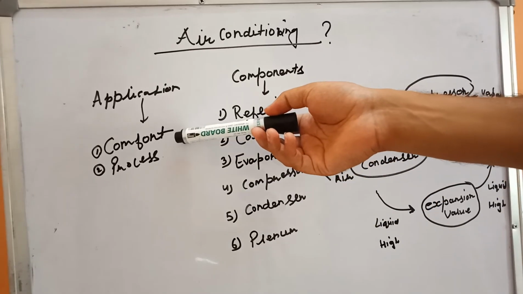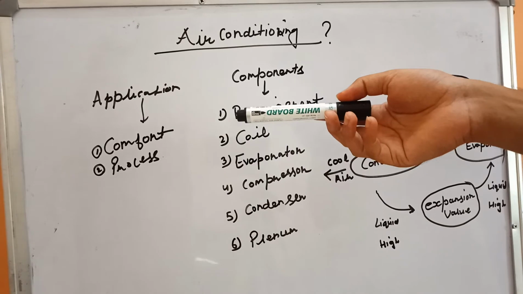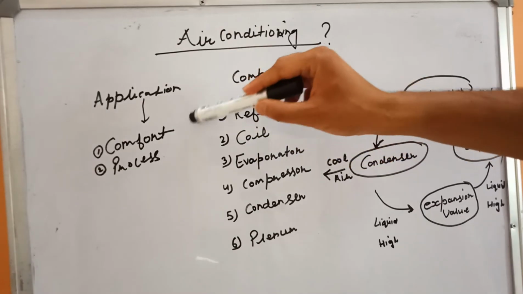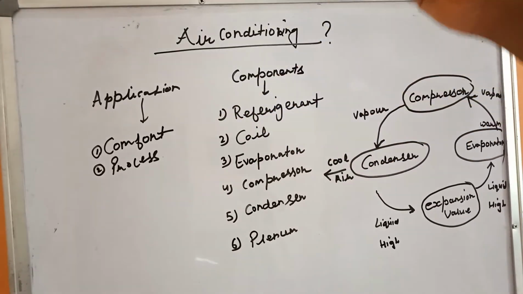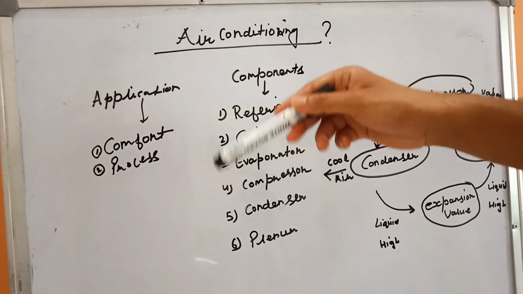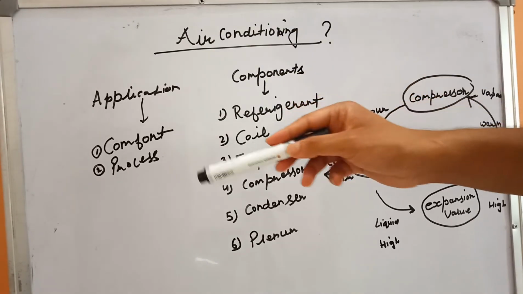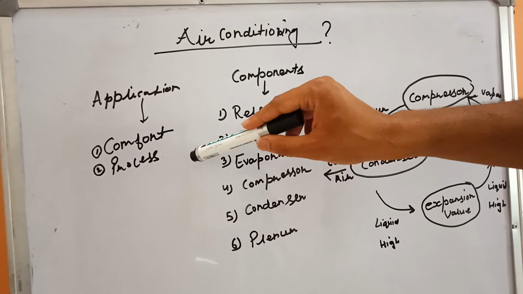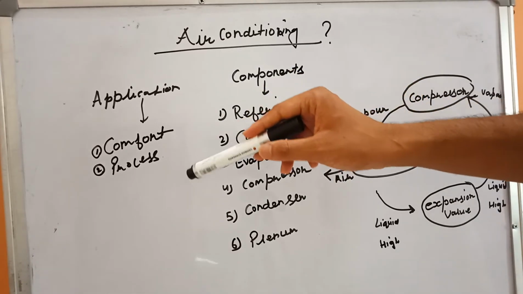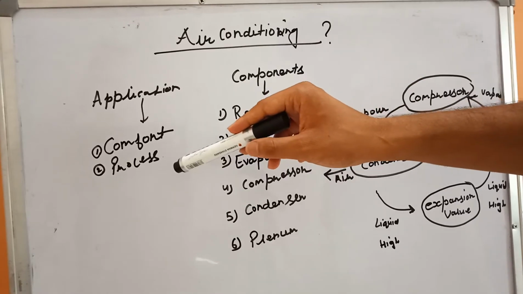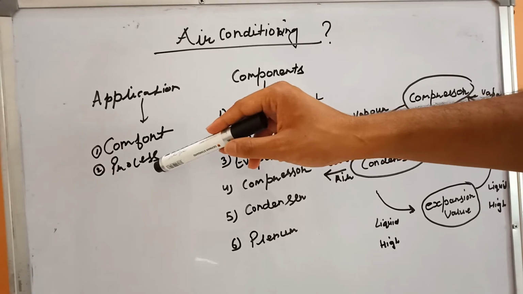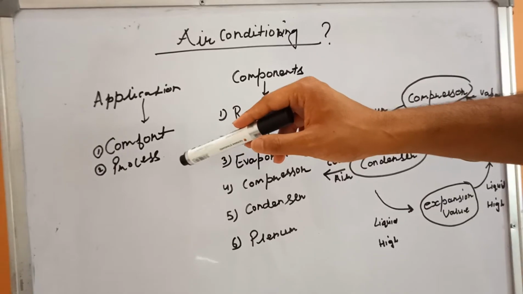Comfort application, when we use the air conditioning in our residential spaces or in small spaces like institutes or commercial spaces. Process application is used in big spaces like laboratories and nuclear spaces.